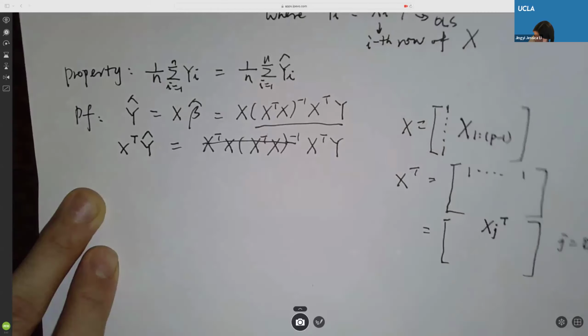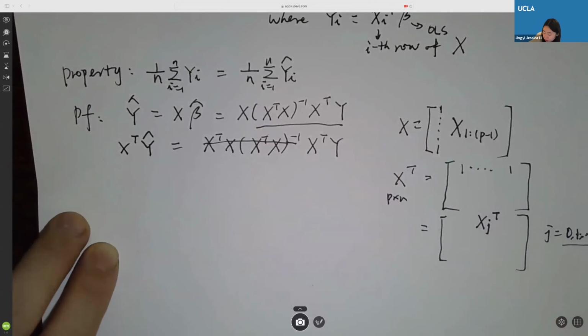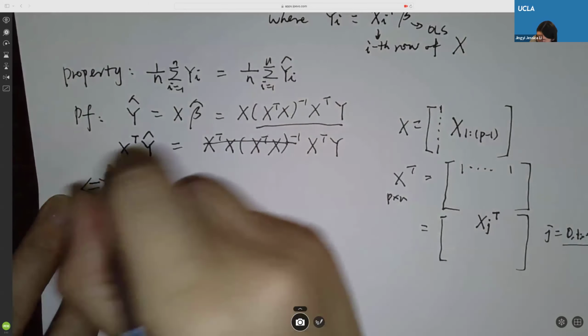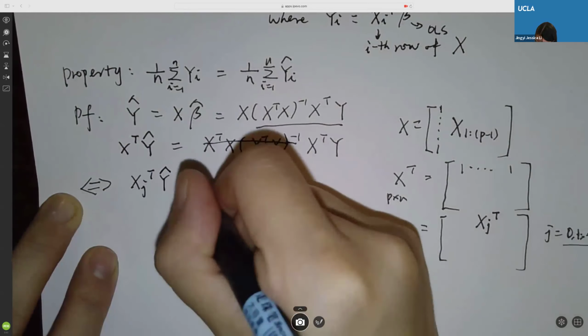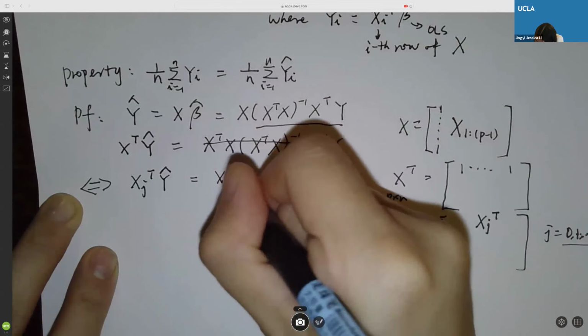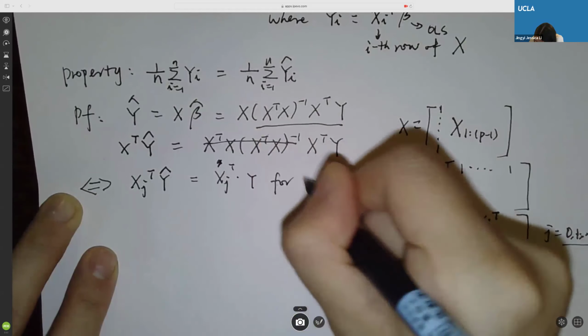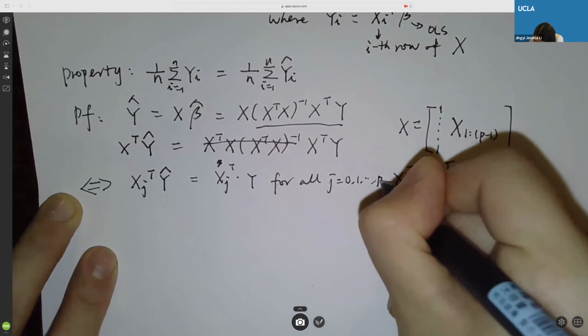Okay, I have p, so xj transpose is p by n. I have p rows. So in other words, this is equivalent to say that xj transpose times y hat equals xj transpose times y for all j from 0, 1 to p minus 1.